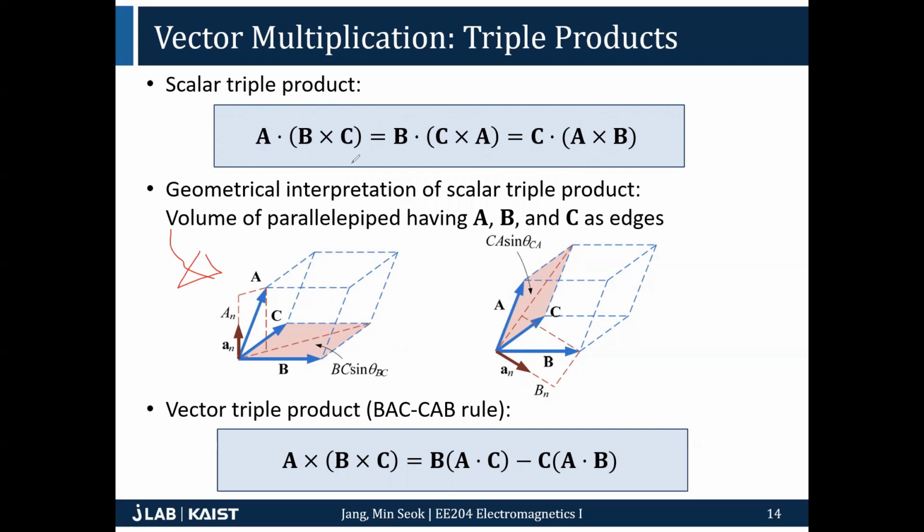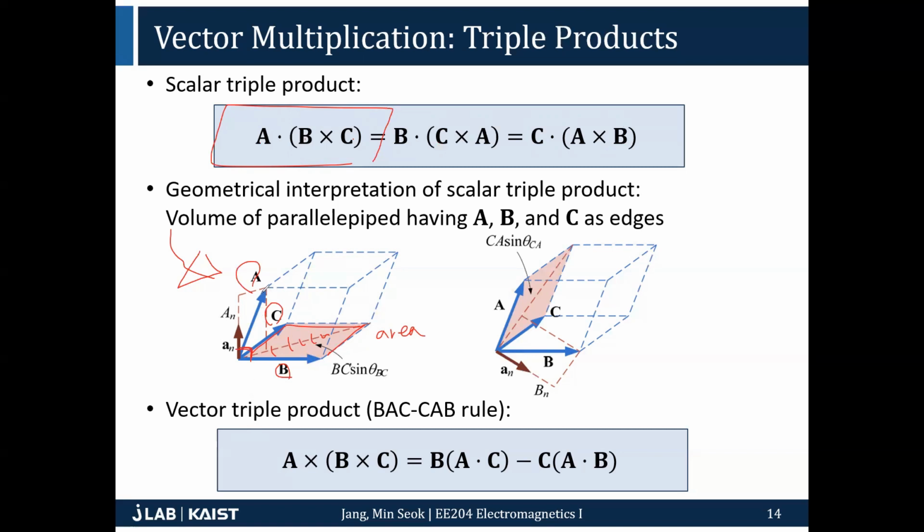So let's look at the first equation, B cross C dot A. Let's say this is A, B, C. Then B cross C is again the area of the bottom plate, and the direction is perpendicular to the bottom plate, right?